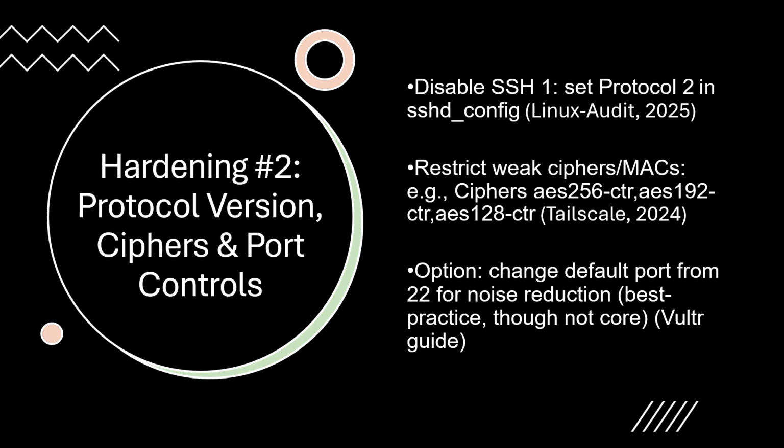This ensures resistance to known plaintext and downgrade attacks. After the Terrapin paper, OpenSSH patched its channel sequence logic. So staying updated is crucial. Hardening configurations are only effective if your binary is patched.